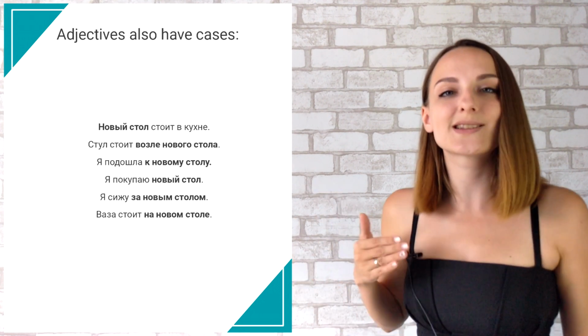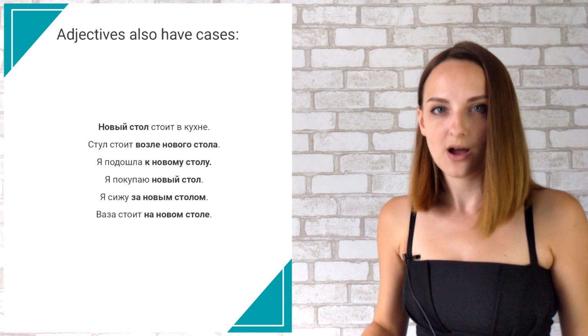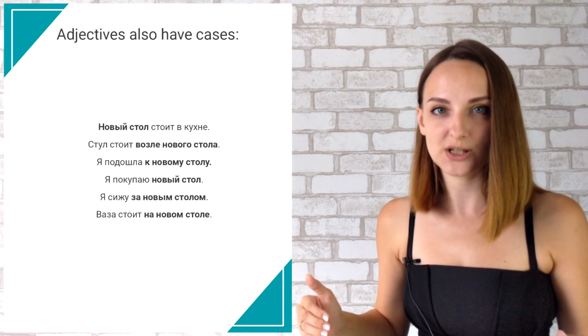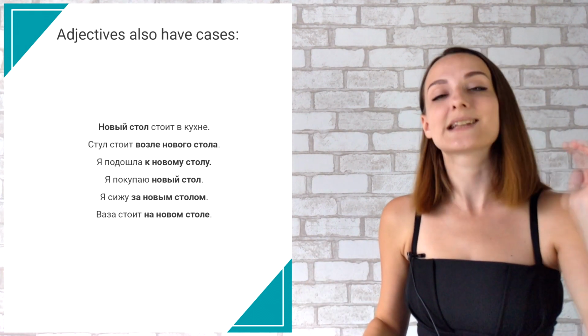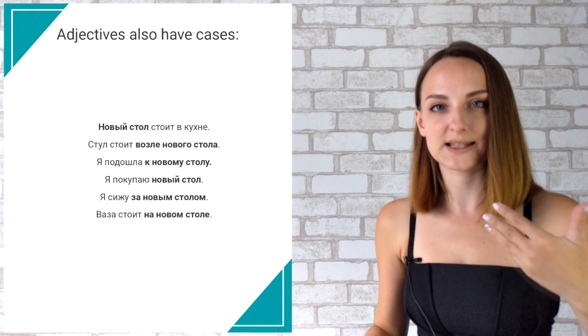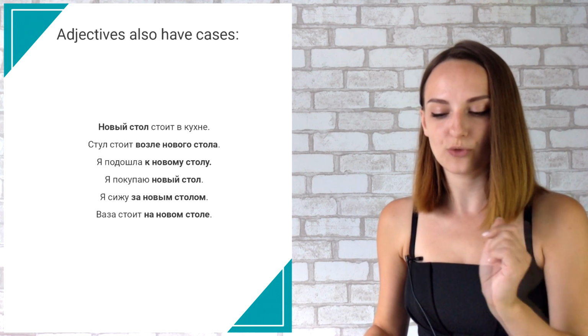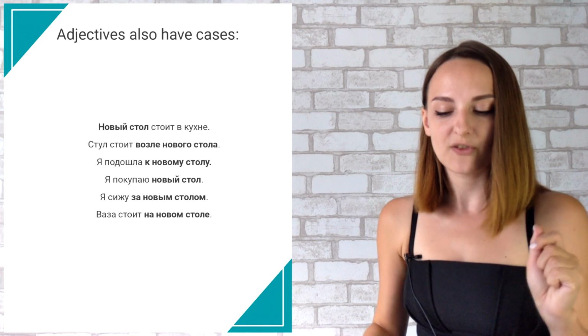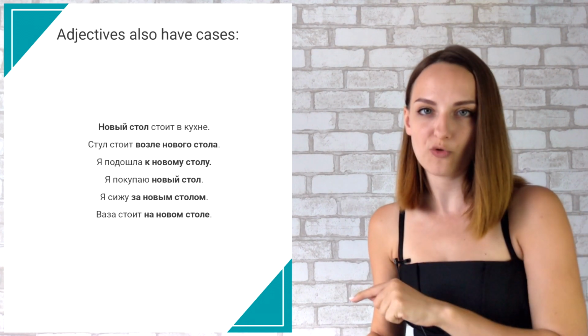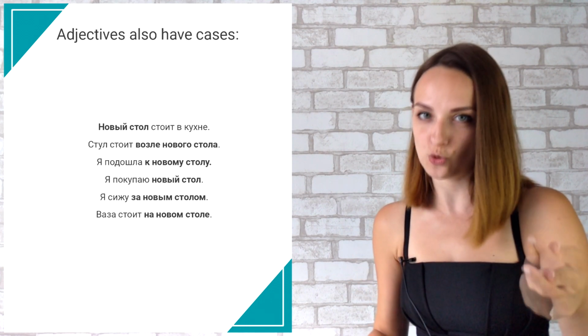Я сижу за новым столом. I'm sitting at a new table. In Russian, sitting at the table, at the desk will be за чем, за новым столом. So this is the instrumental case. And the last one, ваза стоит на новом столе. На чем?